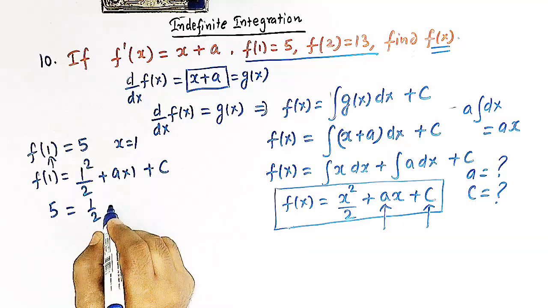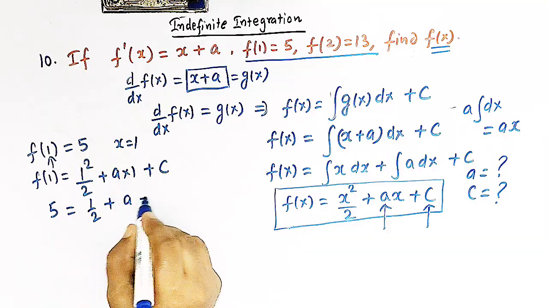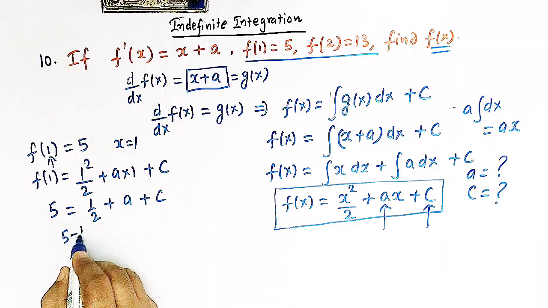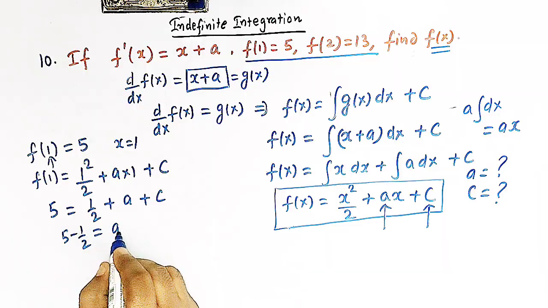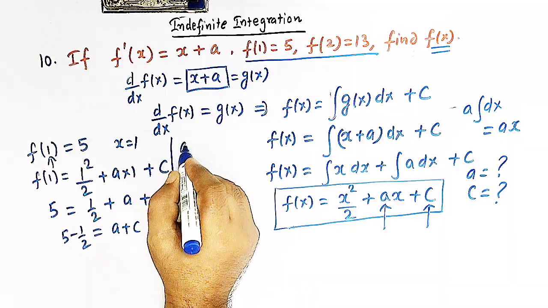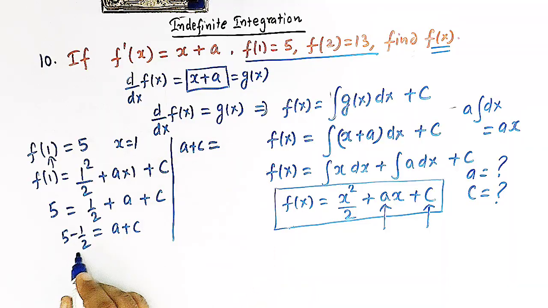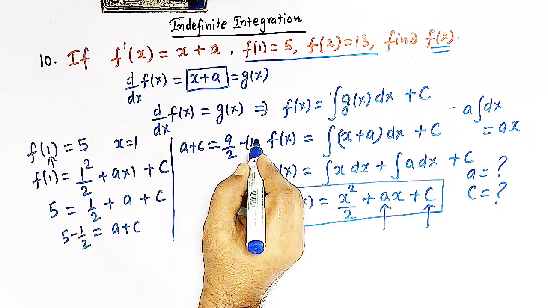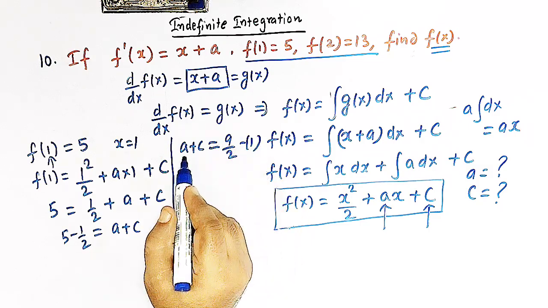Here we have half, here we have a plus c. So taking half to this side, we have 5 minus half is equal to a plus c. So now we have a plus c is equal to 10 minus 1, that is 9 over 2. So this is our first equation.